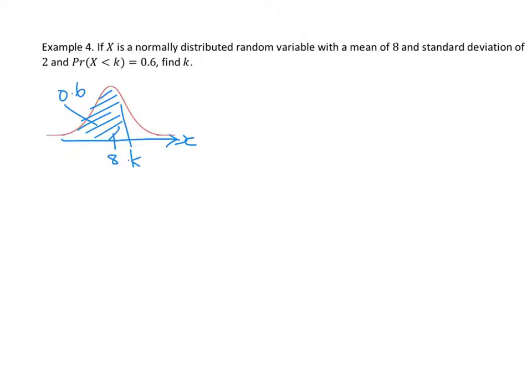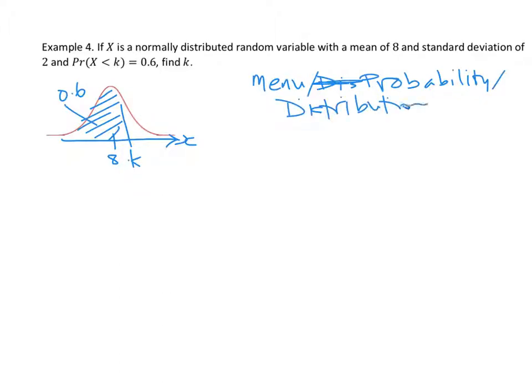Back in the old days you used tables, but we're going to use our CAS calculator. So my keystrokes are menu, distributions, menu, probability, distributions, and then you do the inverse normal. It asks you for the area, so you state the area is 0.6.